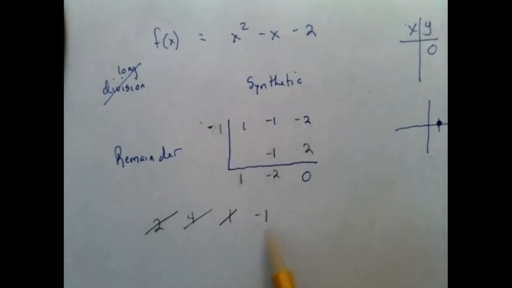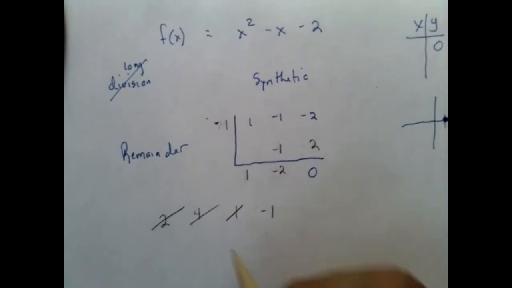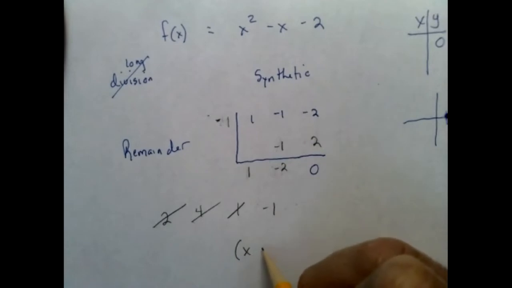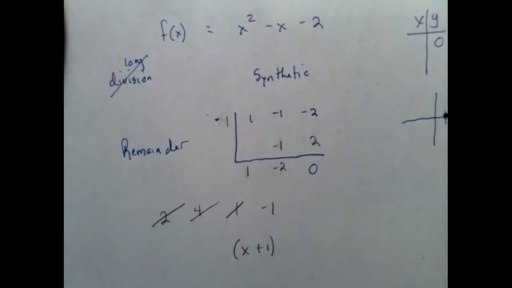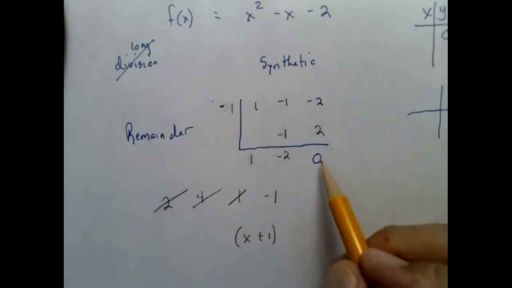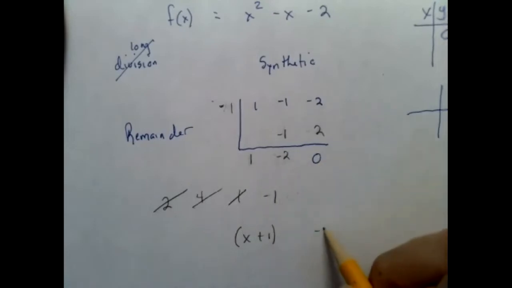So I found -1. That means one of my factors is x minus -1, which is x plus 1. What's my other factor? Right there it is. This is the remainder, this is the constant term, and this is the x, 1x.